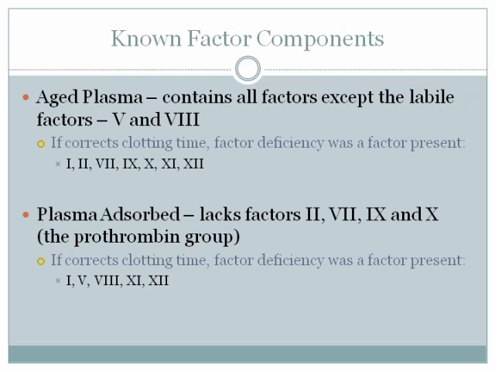This one, I'm going to just kind of help you with it. I don't expect an answer because it's a little tricky. But in this case, we have a prolonged PT, prolonged APTT, no correction with serum, no correction with aged, no correction with adsorbed. What that means is that they're not deficient in a factor because one of those should have corrected.